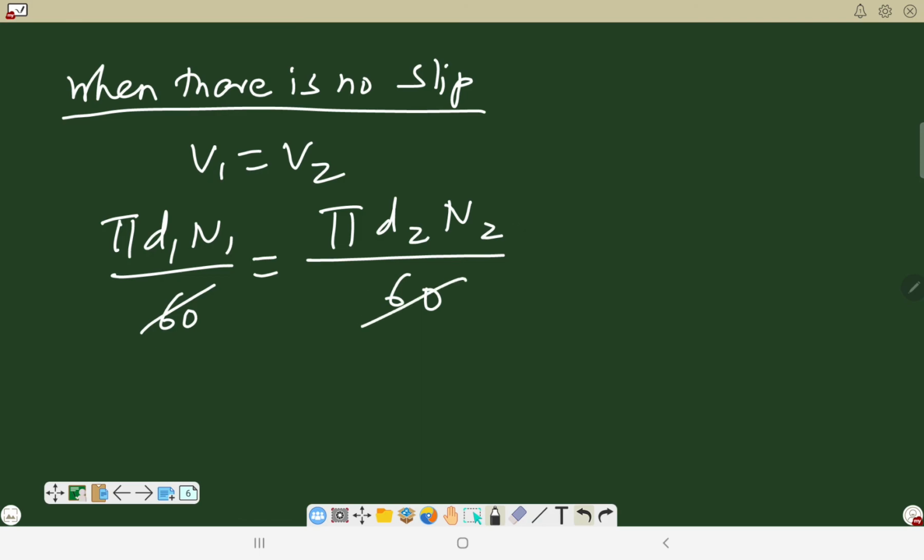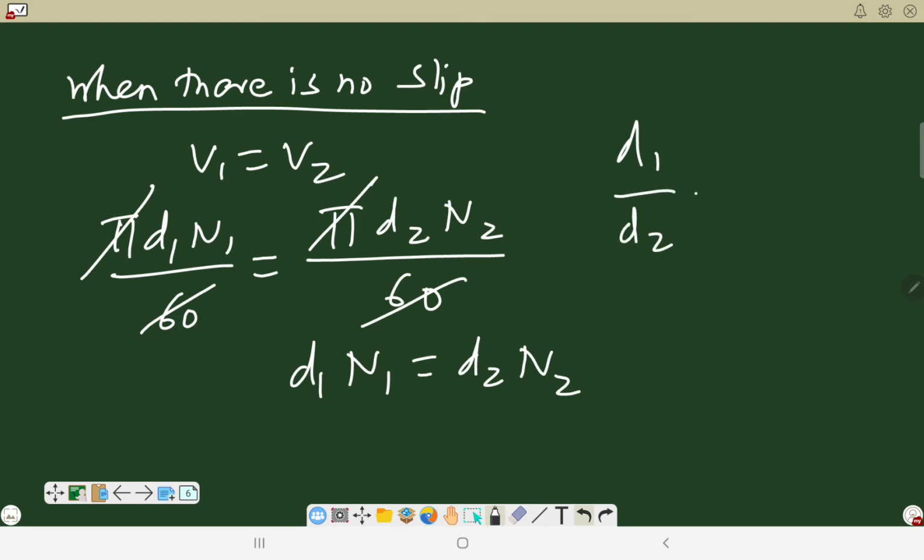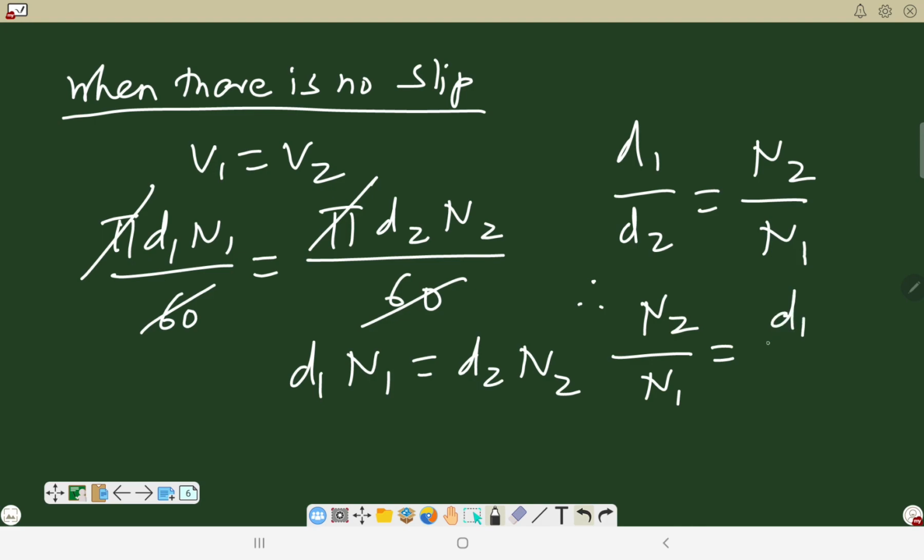Mathematically these can be cross-multiplied, and we get d1 n1 is equal to d2 n2. From this we can write d1 upon d2 is equal to n2 upon n1. So n2 upon n1 is equal to d1 upon d2.